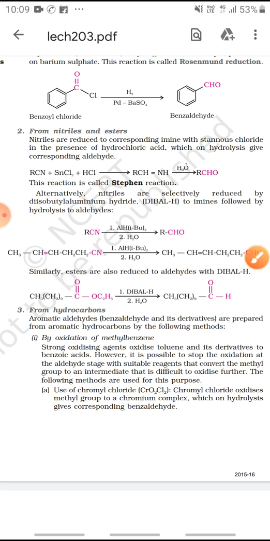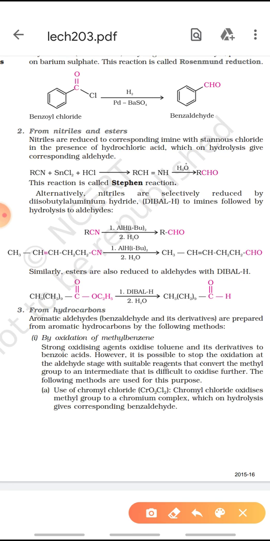Now you have to remember that you can also use DIBAL-H. DIBAL-H is what? Diisobutyl aluminium hydride, that is called DIBAL-H. Diisobutyl aluminium hydride also reduces the CN group to the corresponding aldehyde. Similarly, the same compound can be used for a compound containing a double bond.